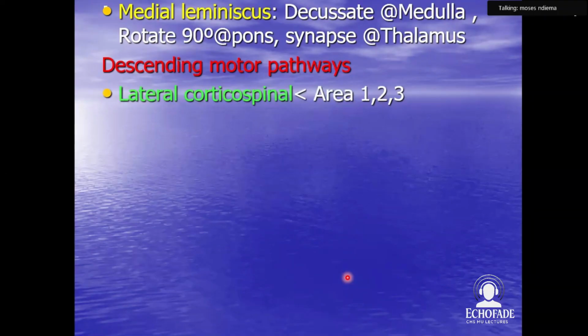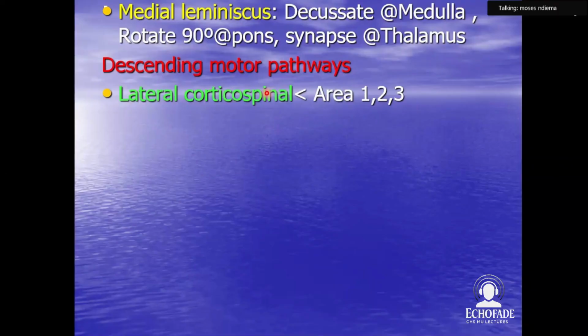We have the lateral corticospinal tract originating from the cerebral cortex, area 1, 2, and 3, or what we call the motor part of the primary motor cortex. Lateral corticospinal. Remember here, it is cortical where it originates from, spinal where it terminates.